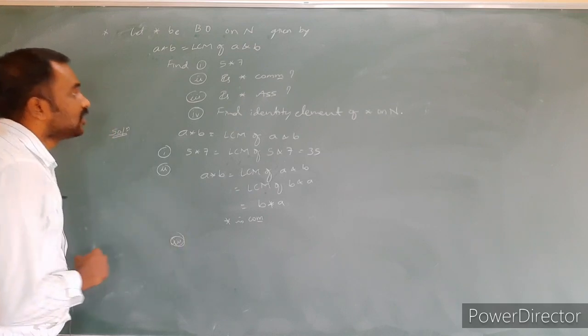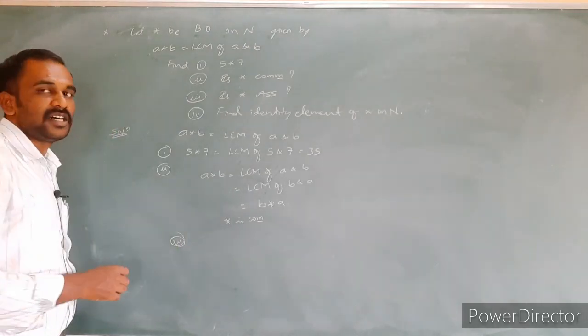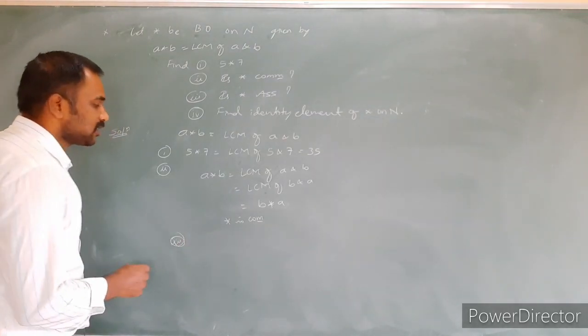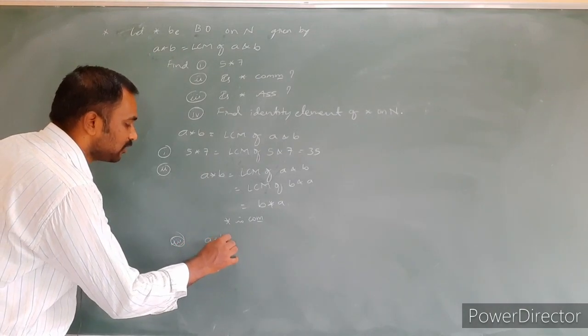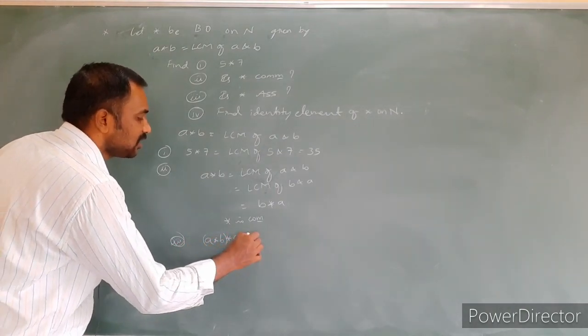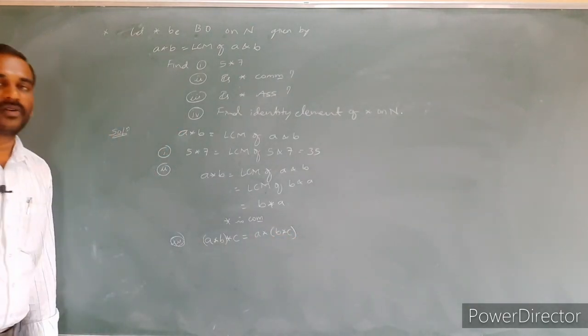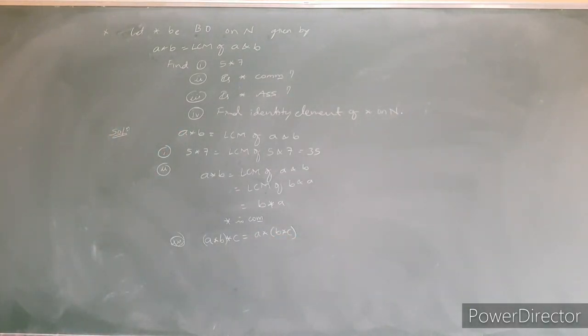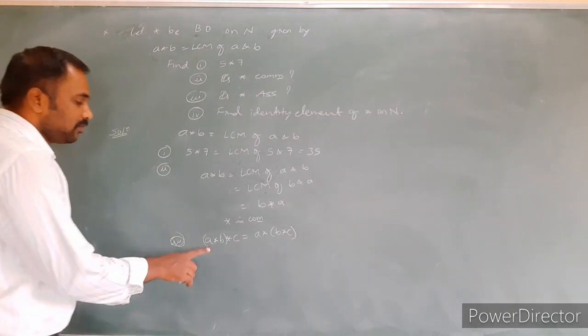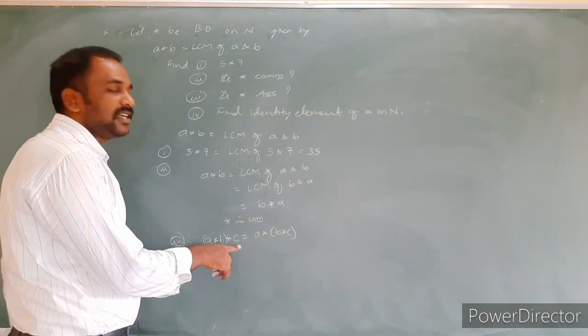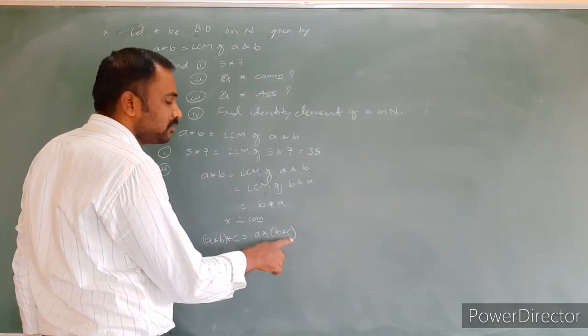Next, the third one. Is star associative? What do you say about associativity? Associative means A star B star C is equal to A star B star C with the brackets placed differently, equal or not equal. Just check it.